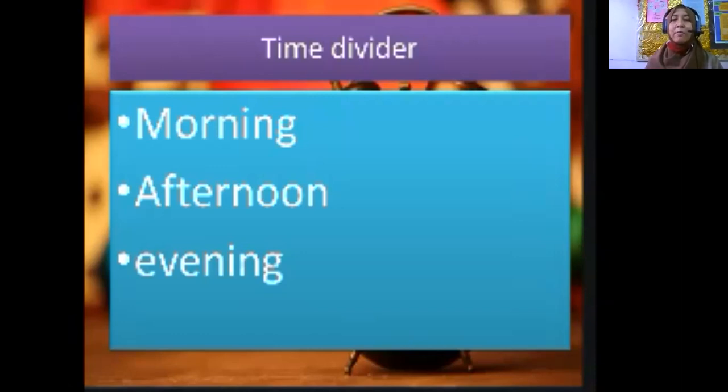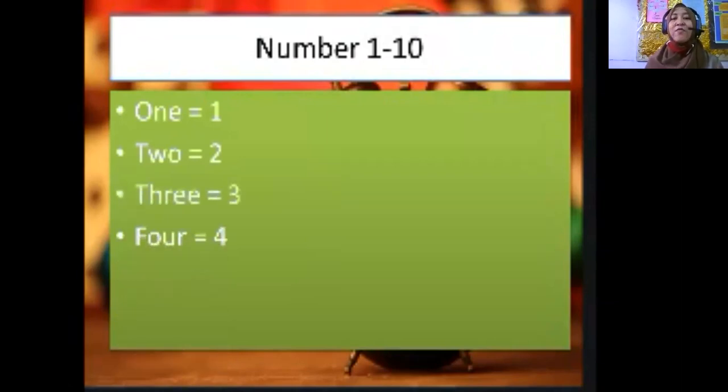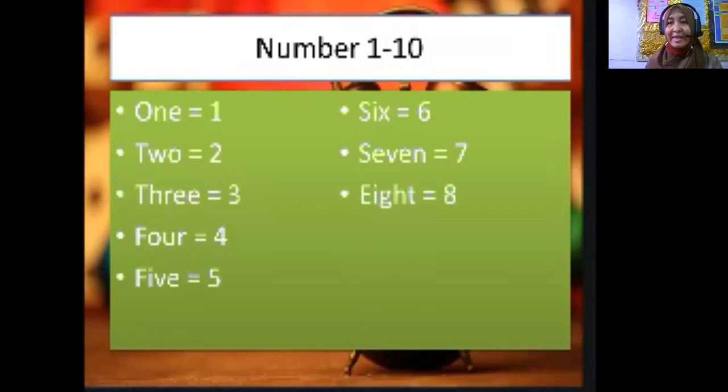Okay, now before we move to read the clock, I'm going to review your number ability. Now let's read together. You look at the screen and we say the numbers from 1 until 10. Ready? Okay, 1, 2, 3, 4, 5, 6, 7, 8, 9, and 10.